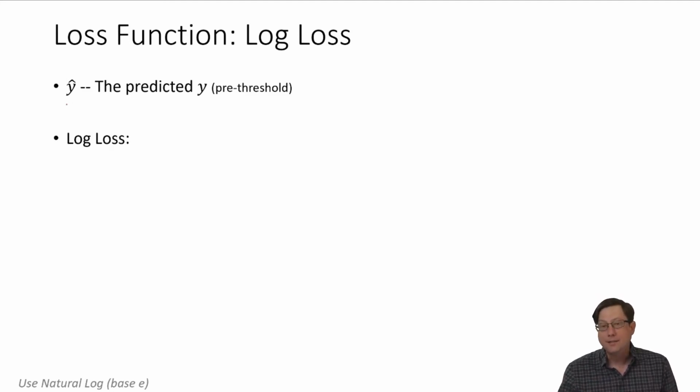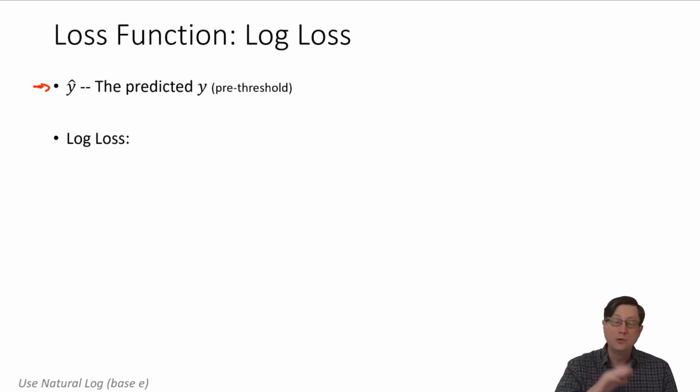Accuracy is nice because it's intuitive, but it has a lot of bad properties for optimization. So we're going to do something a little bit more fancy. It's called the log loss. Now let's go through this step by step. Just a little reminder that y hat is the prediction of the y. That's the output after running the linear model and passing it through the sigmoid; you get the y hat. And that y hat is what we're going to use in the loss calculation.